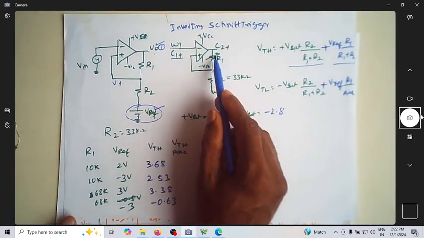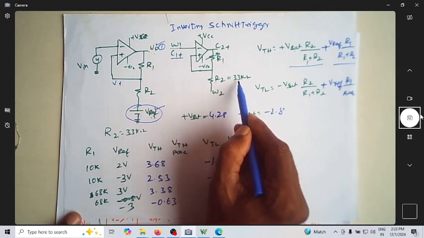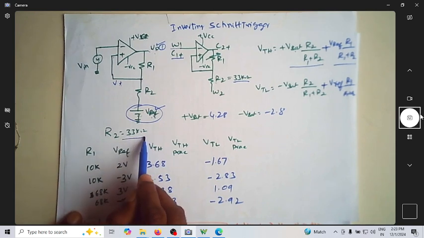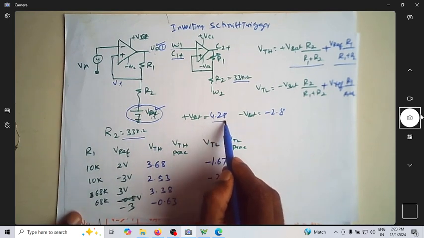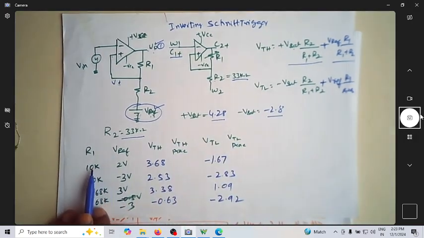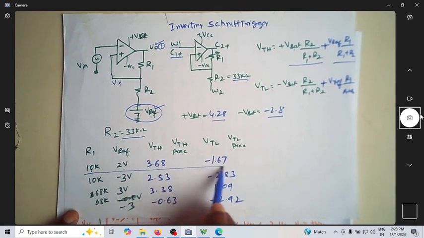We are using one DRB, and the resistor R2 is always kept at 33 kilo ohm.